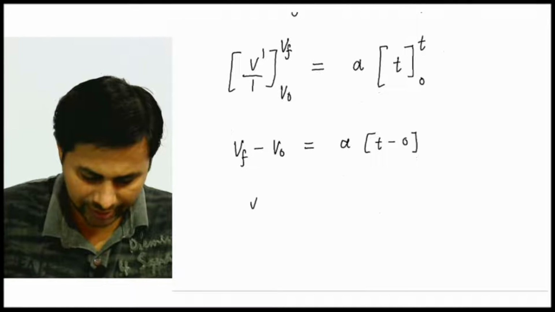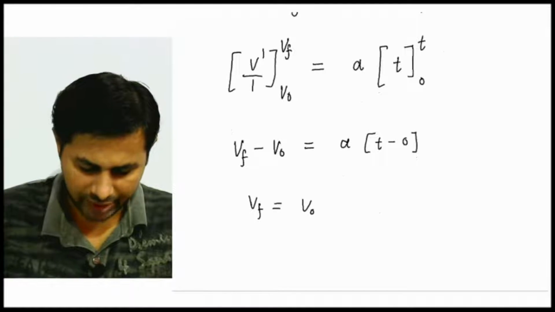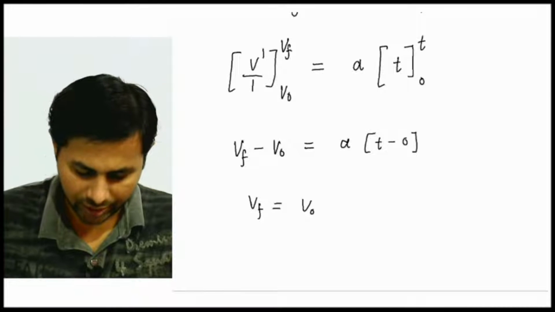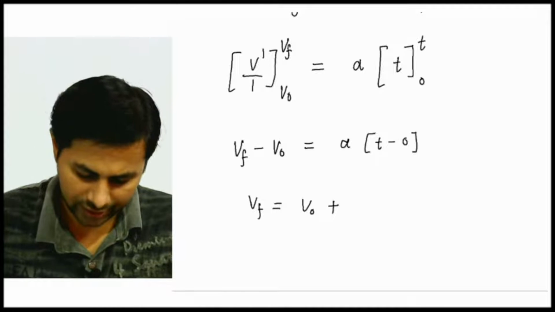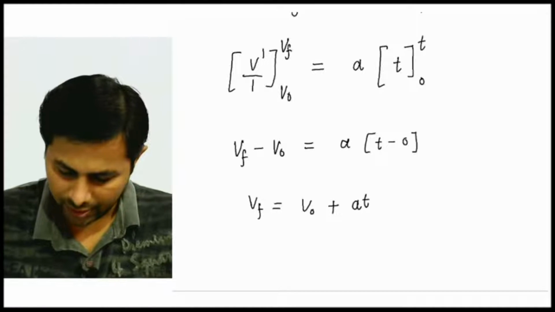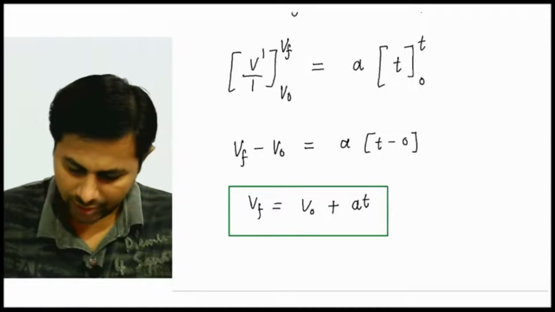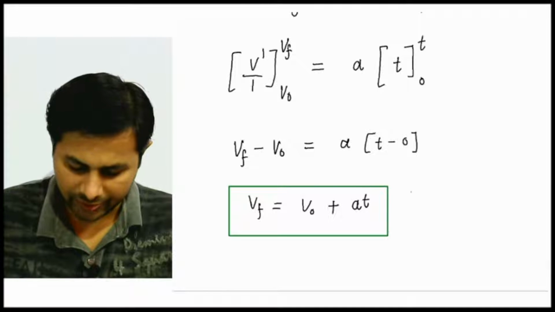So which can be written as vf equals to, if we take v naught on the other side, it becomes positive. So v naught plus a times t minus 0 is t. So it is a times t. Okay, so we got our relation. So this is the first kinematic equation of motion.